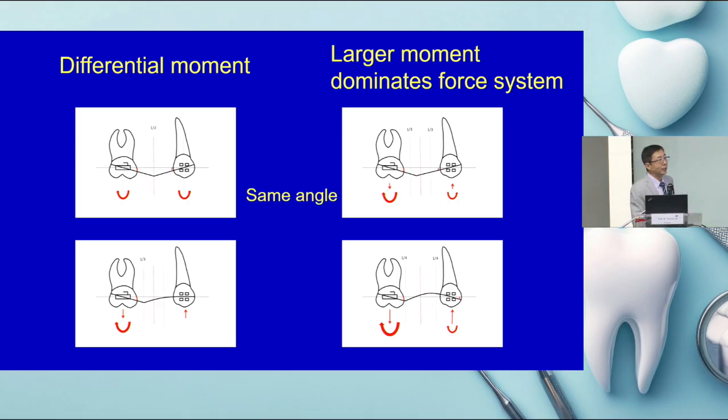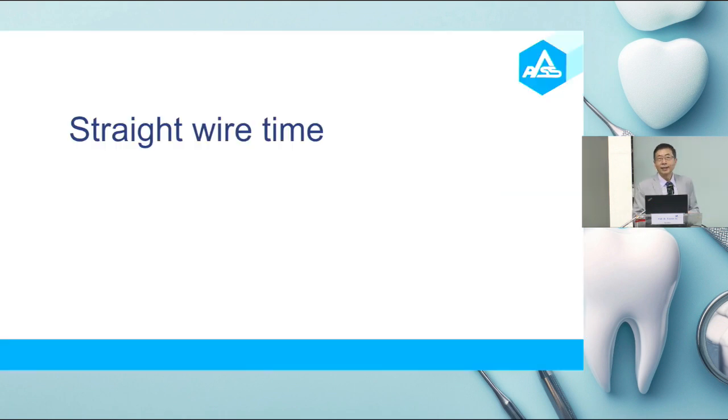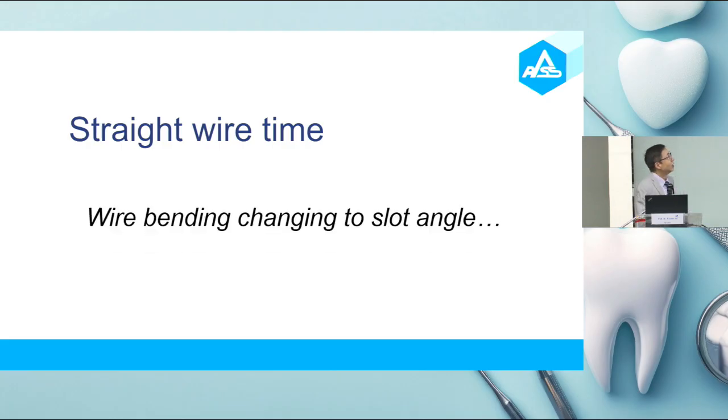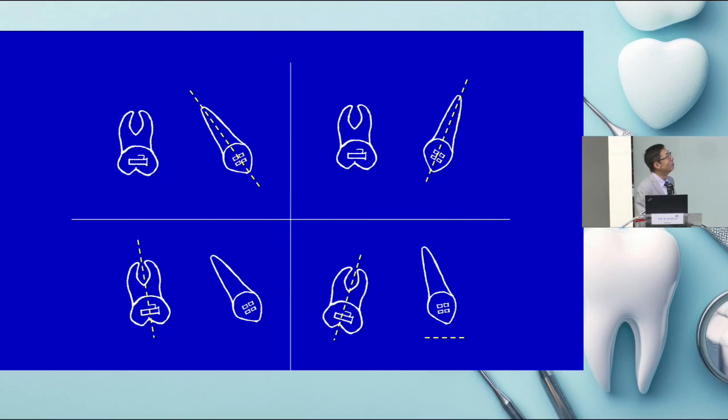So now we know when we use the same angle but different position, the moment will be different. But in the straight wire technique, we are not bending wire. We just use straight edge wire. So for a malocclusion like this, we do exactly the same thing: insert a straight nickel-titanium wire, right?